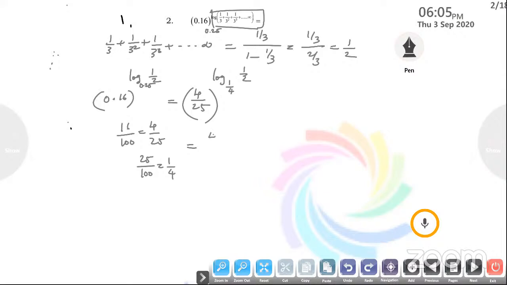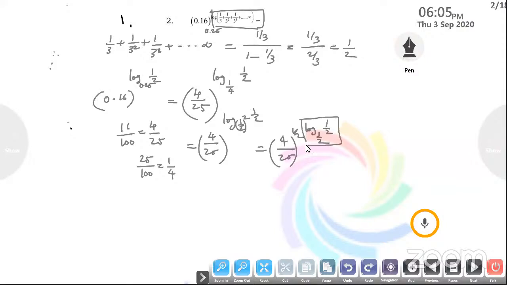This is nothing but 4 by 25, and this value is nothing but log of 1 by 2 to the base 1 by 2 whole square. Using logarithmic property, we can write this as 4 by 25 whole to the power 1 by 2 log of 1 by 2 to the base 1 by 2. Log 1 by 2 to the base 1 by 2 is nothing but 1.